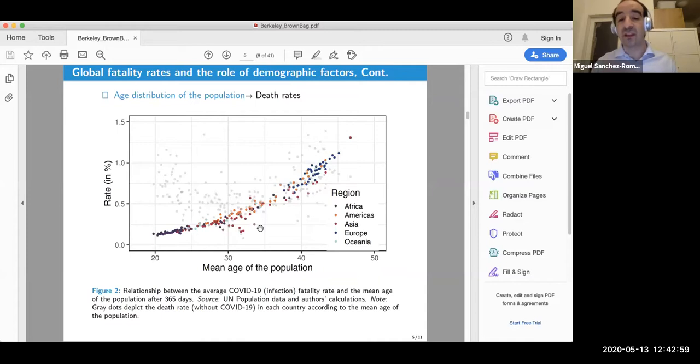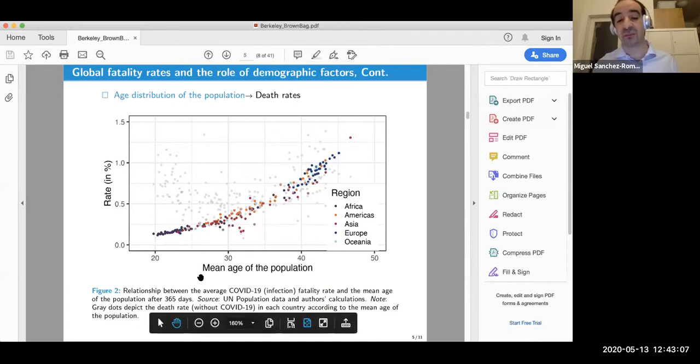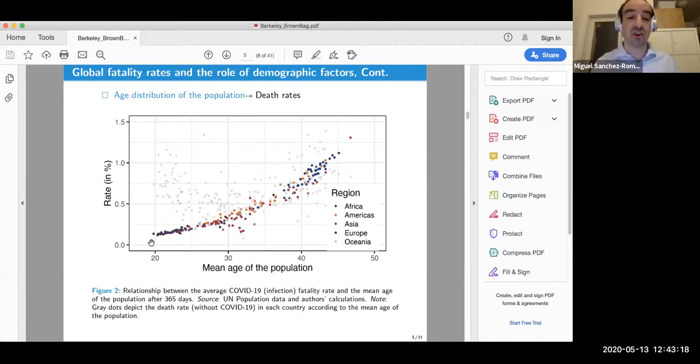So in principle, those countries with older populations, represented by the mean age of the population, will face much higher infection fatality rates. Here, what I'm presenting are our estimates of the infection fatality rate. So it's not the case fatality rate, it's the infection fatality rate.